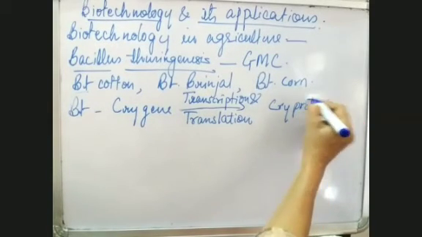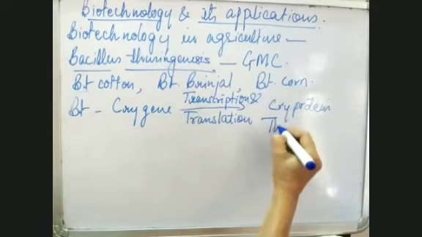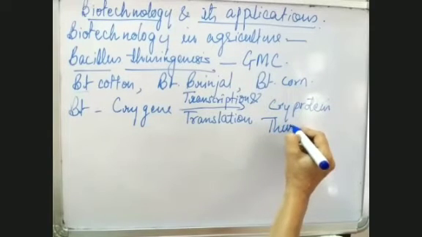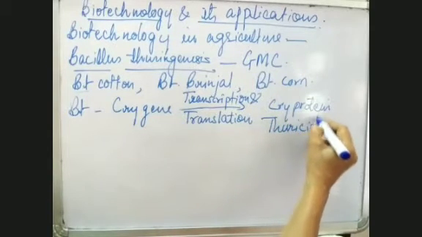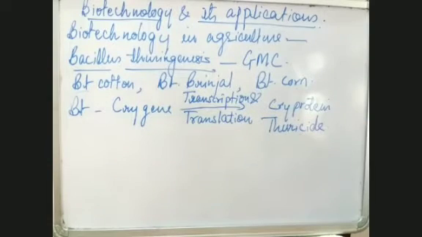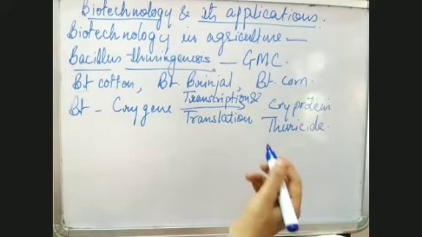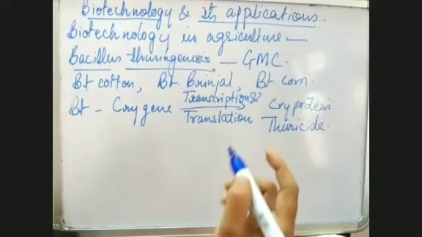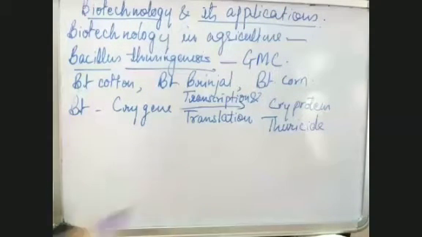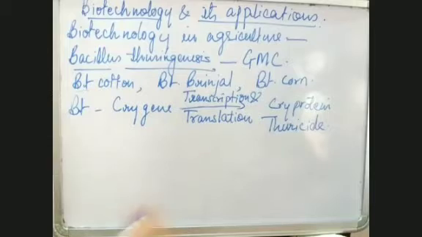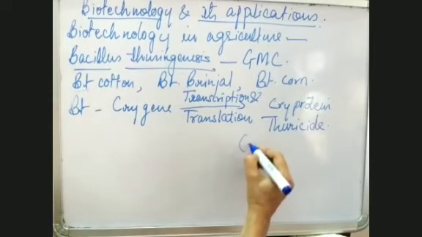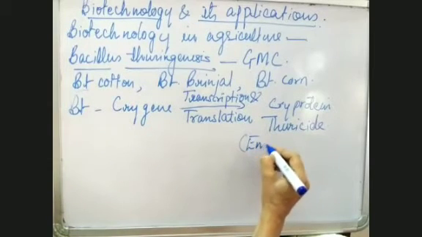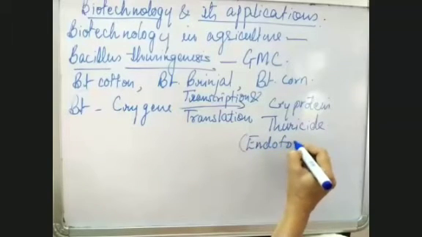Specifically, this cry protein is thuricide. Thuricide is a substance produced by this cry protein, and this is a toxin. This is a toxic substance. We also call it endotoxin, the toxin which is produced within the body.